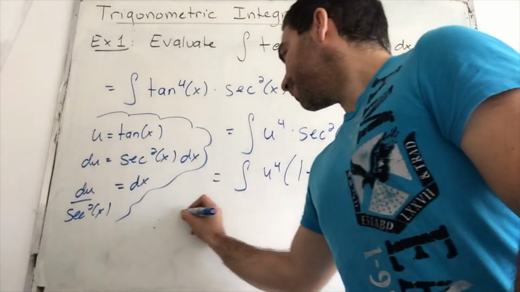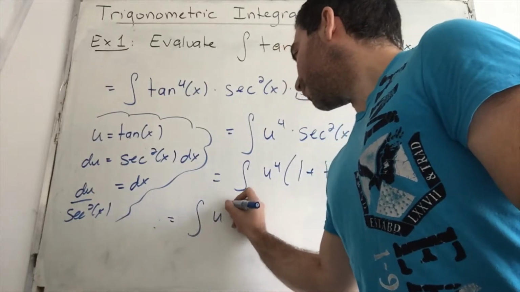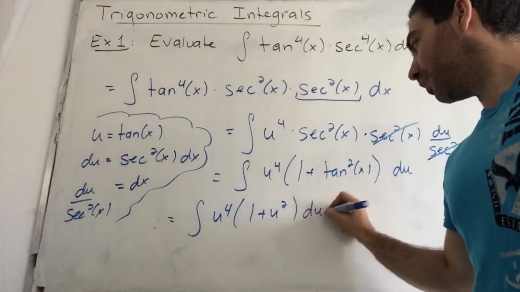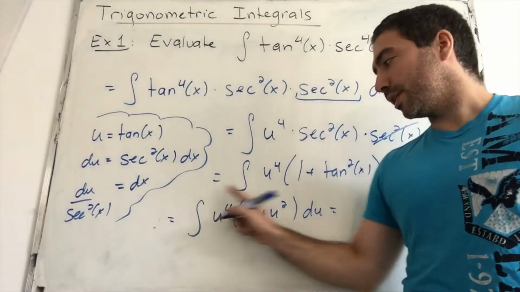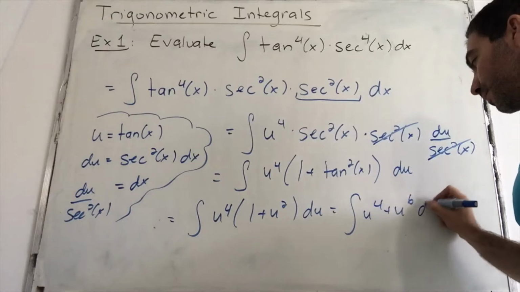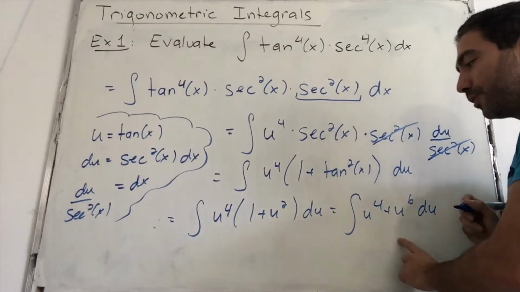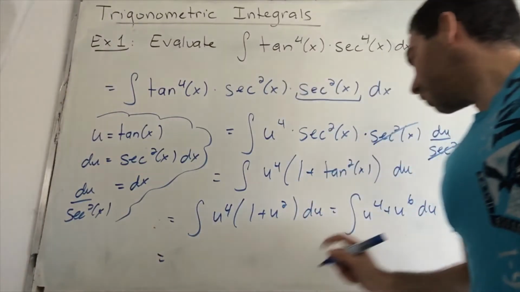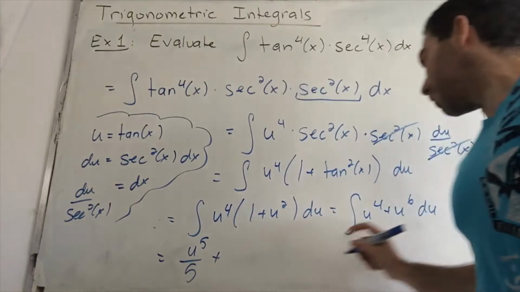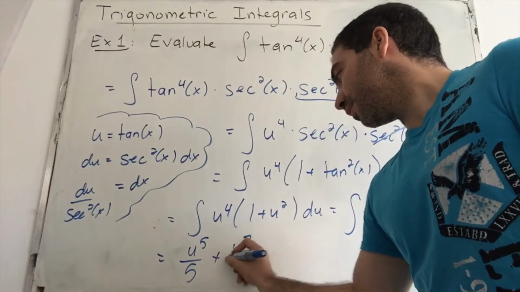Rewriting tan as u, we have the integral of u to the 4 times 1 plus u squared du. And now this is easy to solve. We distribute the u to the 4, giving us u to the 4 plus u to the 6. Now we integrate each term individually, giving us u to the 5 over 5 plus u to the 7 over 7.